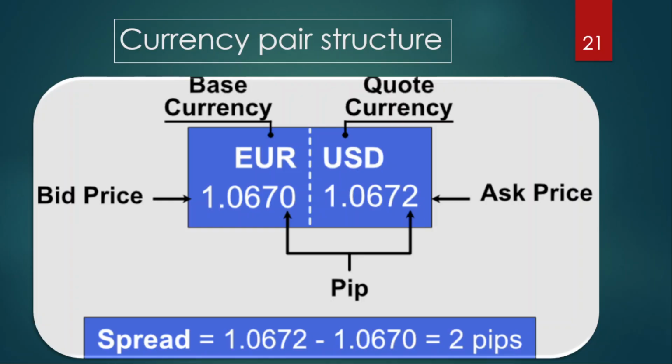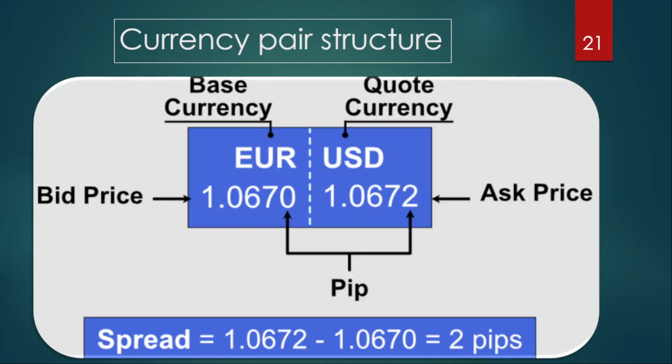I'm talking of USD and CAD. USD will be the base currency and CAD will be the quote currency. Let's talk about another example. Let's take Euro USD. Euro would be the base currency and USD will be the quote currency.